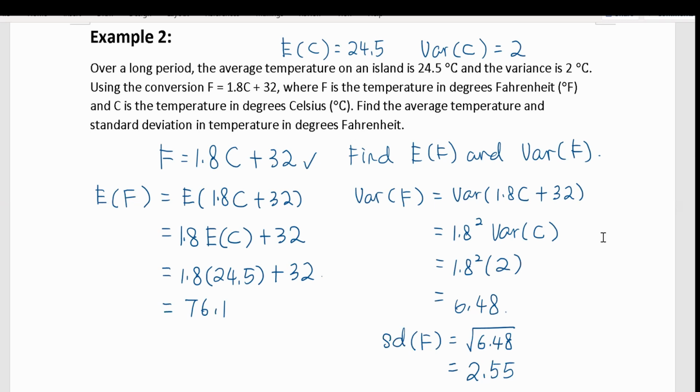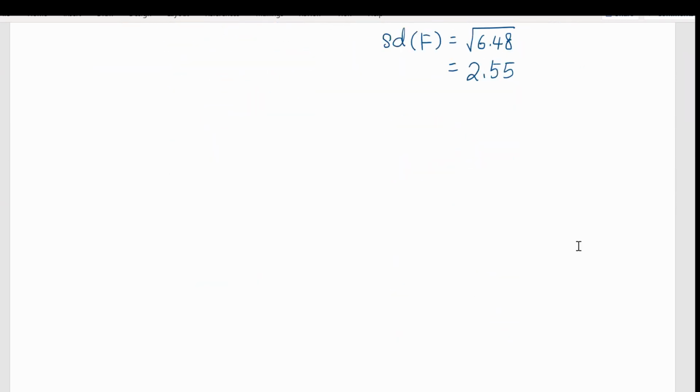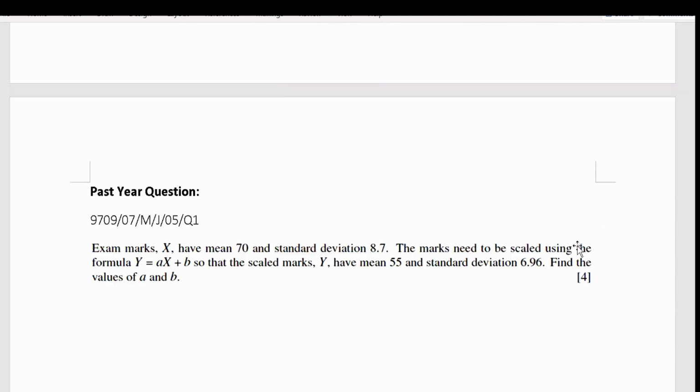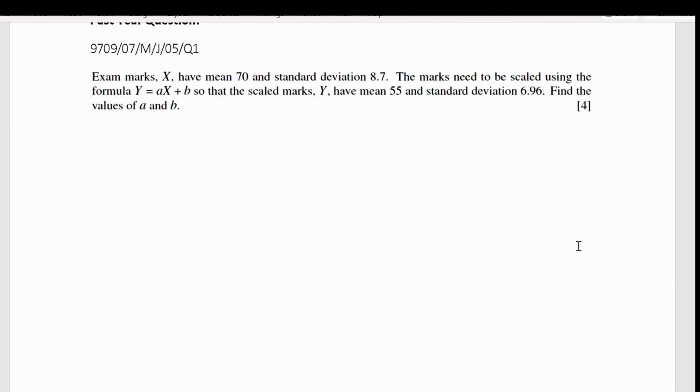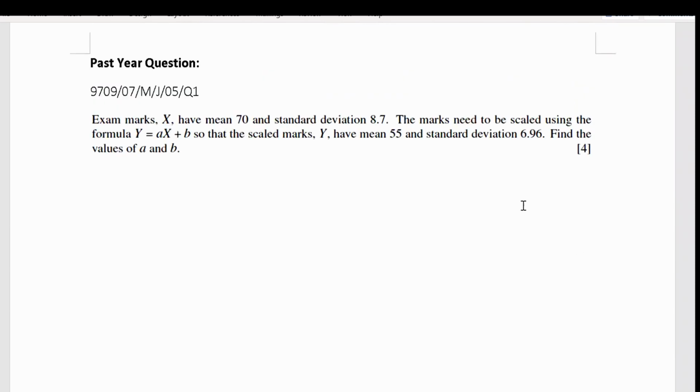Okay. Now we have a look at a past year question. This is the question from May/June 2005, paper 7, question 1. The exam marks, the variable X, have mean 70 and standard deviation 8.7.